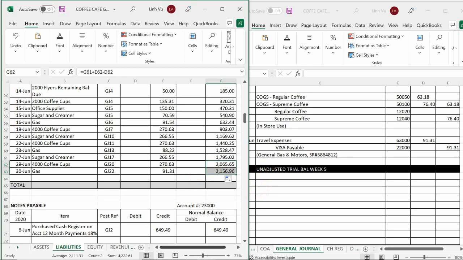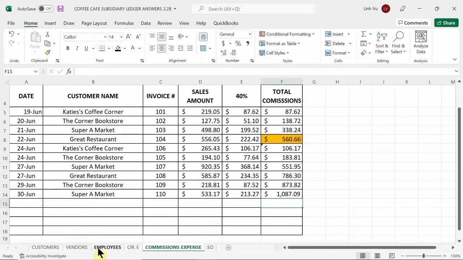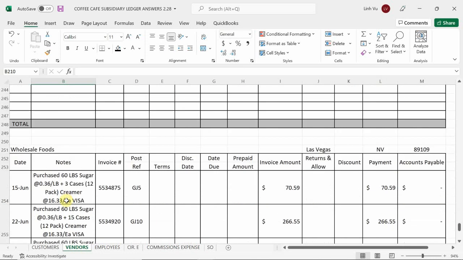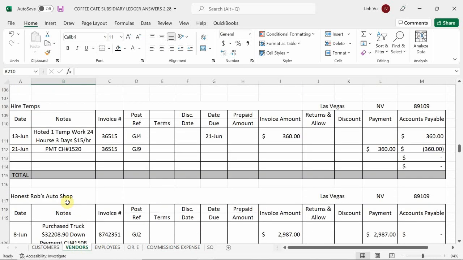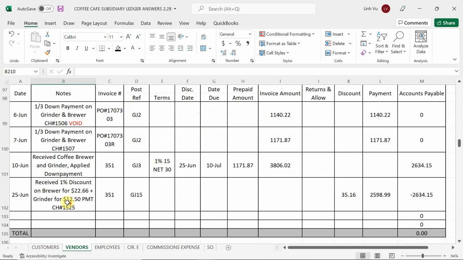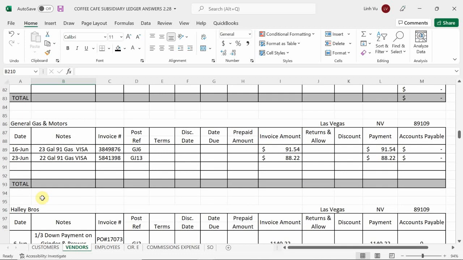And of course, I also need to make a record that I did purchase some gas here, so I've got to go to my vendors, to General Gas and Motors. Here we are. It's the 30th. We purchased 21 gallons of 91 gas.